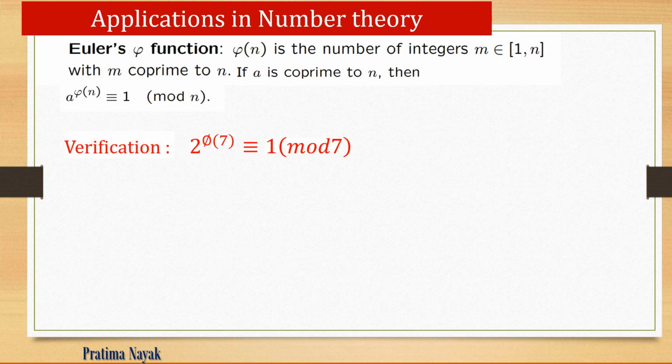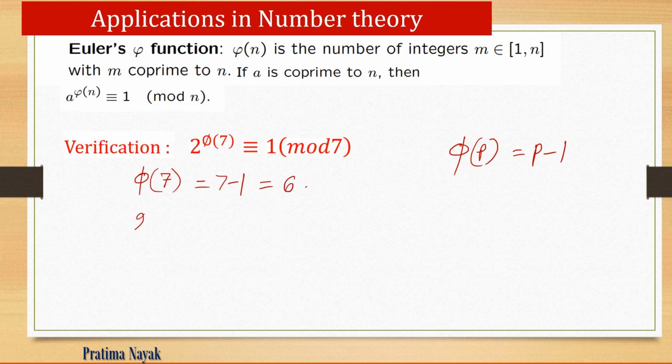So let us verify. I have taken 2 power phi of 7 is congruent to 1 modulo 7. Let us see. First I'll calculate phi of 7. We know that 7 is a prime number, and when it is a prime number, phi of p equals p minus 1. So this will be 7 minus 1, 6.